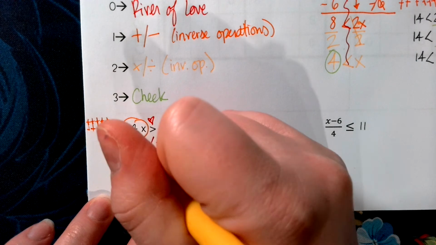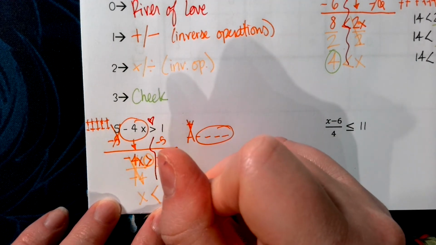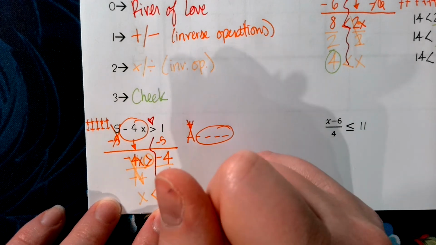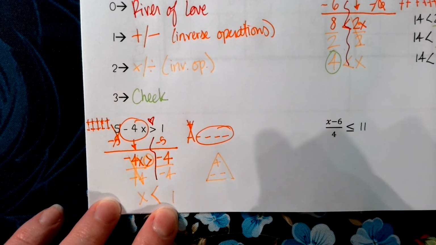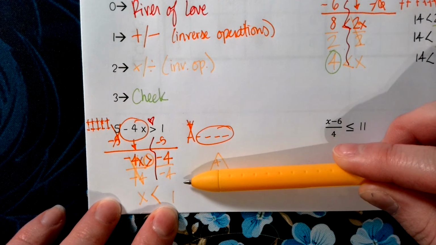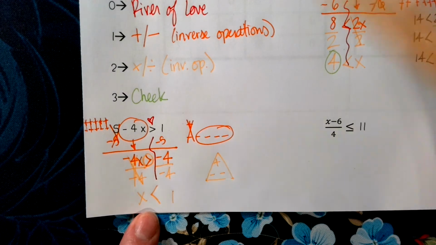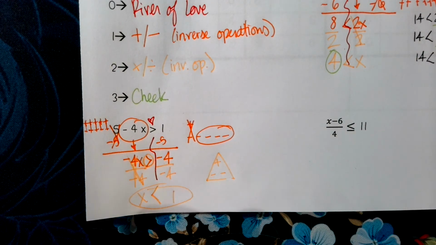My -4 and -4 cancel, so I have x is less than. 4 divided by 4 is 1, but we need to figure out if it's positive or negative. A negative divided by a negative is going to give me a positive answer. So +1 is correct. X is less than 1.